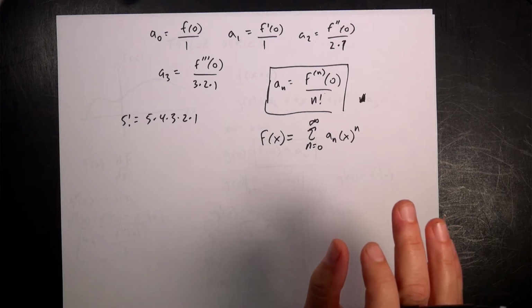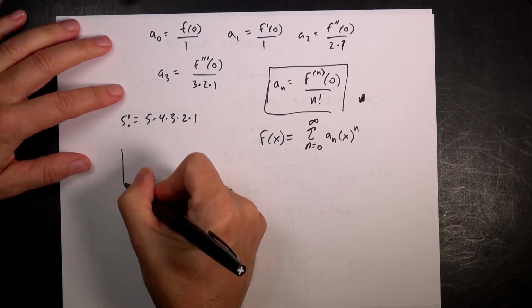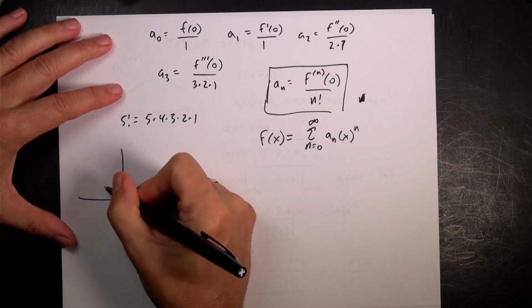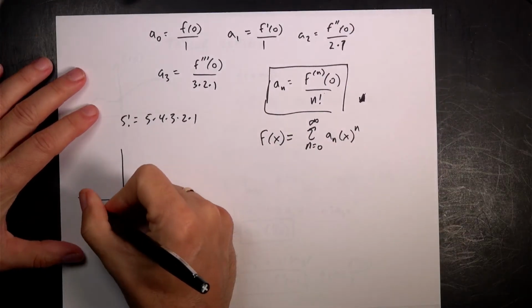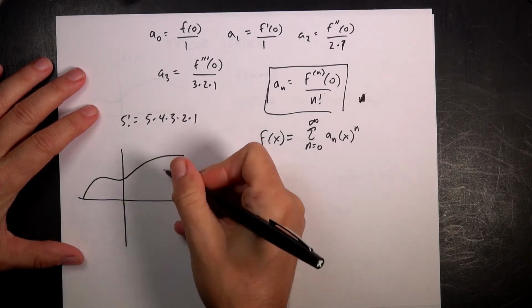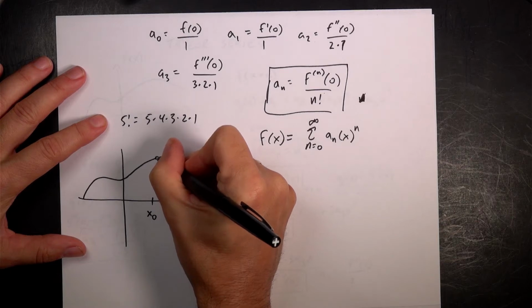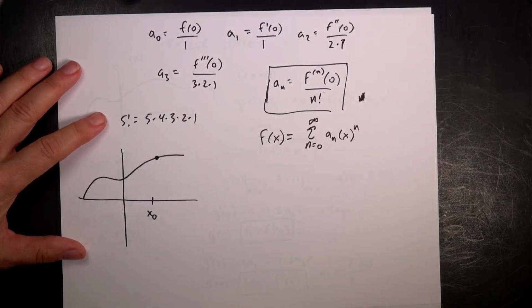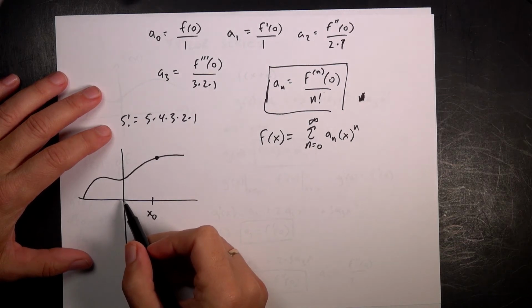Okay, but now what if I don't want to do this at x equals 0? Well, let's have a function right here. Let's say I'm going to draw that same function. But I want to find it at x0. I want to expand the function about that point. Well, I could say, what if I make a coordinate transformation?